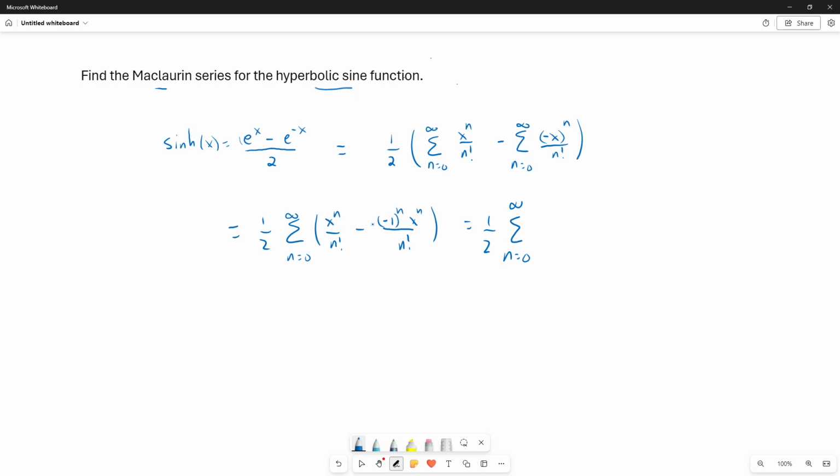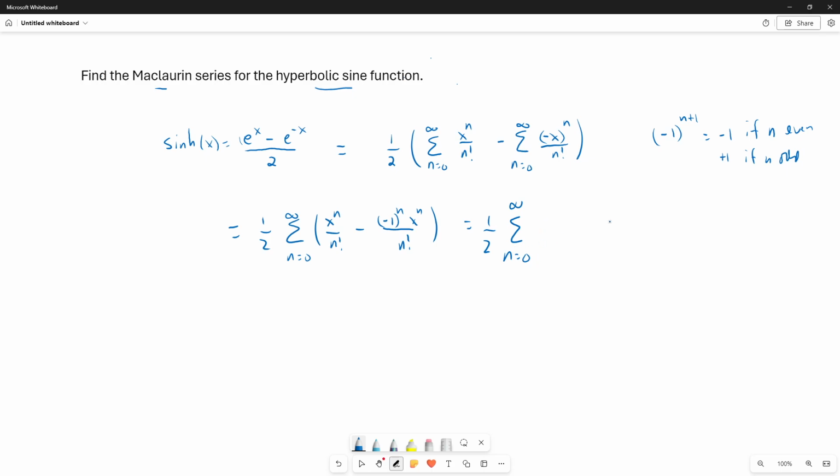So the negative times -1 to the n is -1 to the n plus 1, which is -1 if n is even, and it's plus 1 if n is odd. So we will just keep track of when they combine.